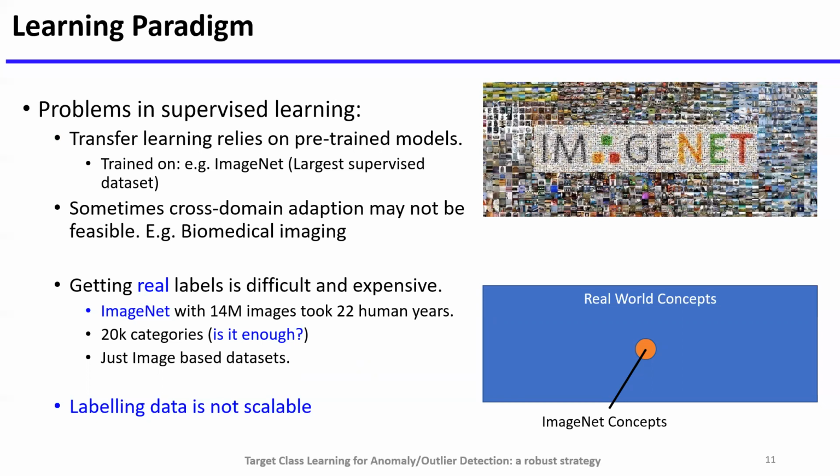Other than this, it is very difficult to develop pre-trained models because getting the real labels is a very time-taking task. And sometimes it may not be sufficient, even if we have very broad categories for these kinds of pre-trained models in terms of labeling.